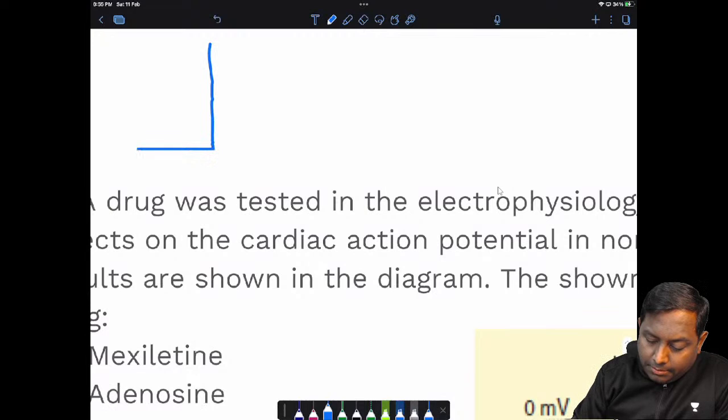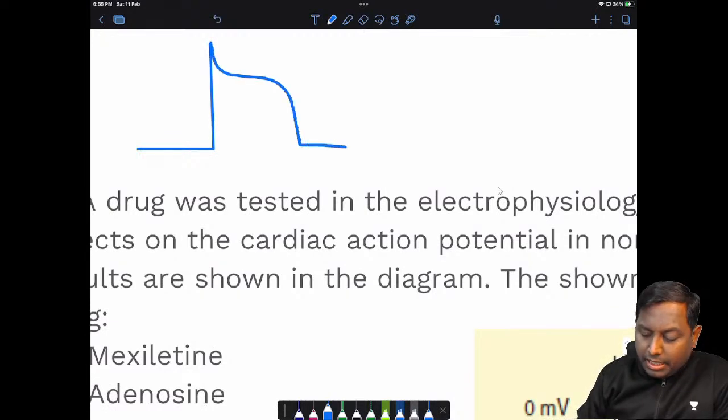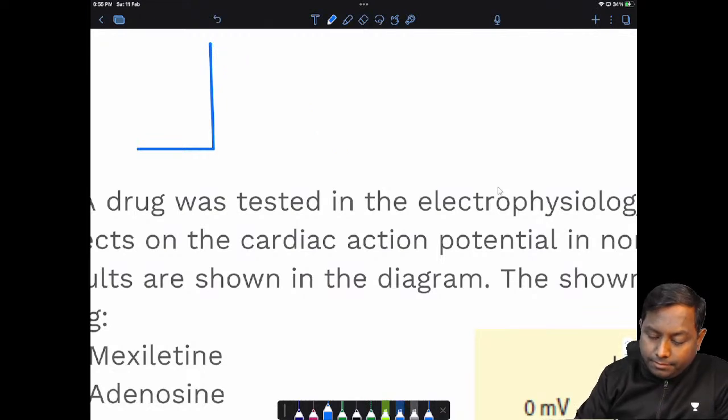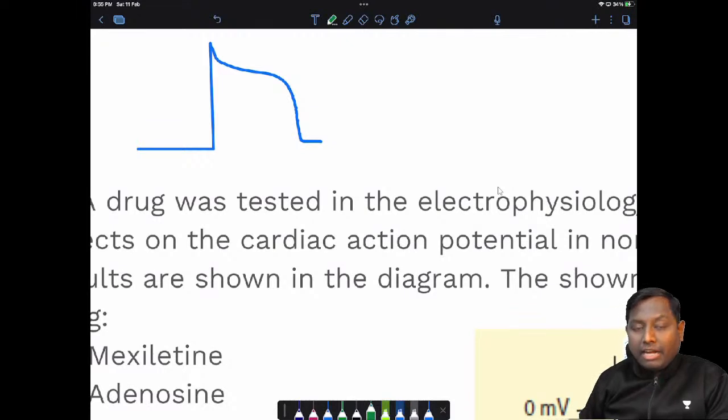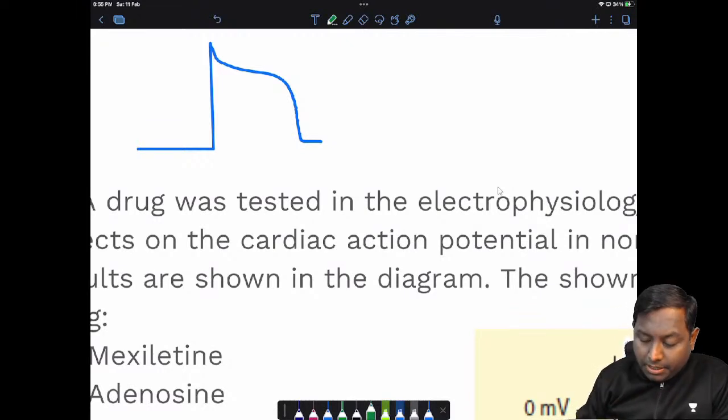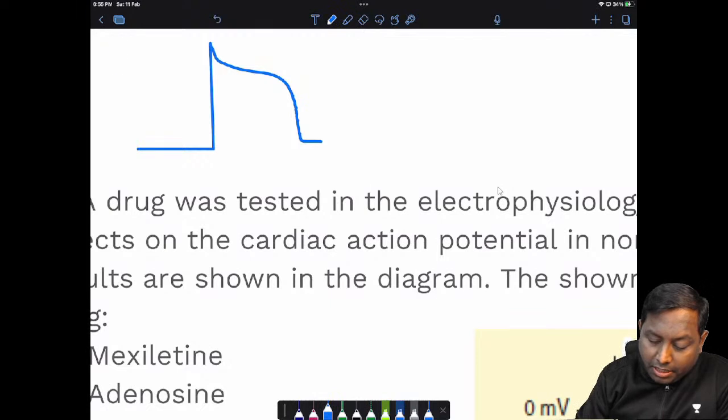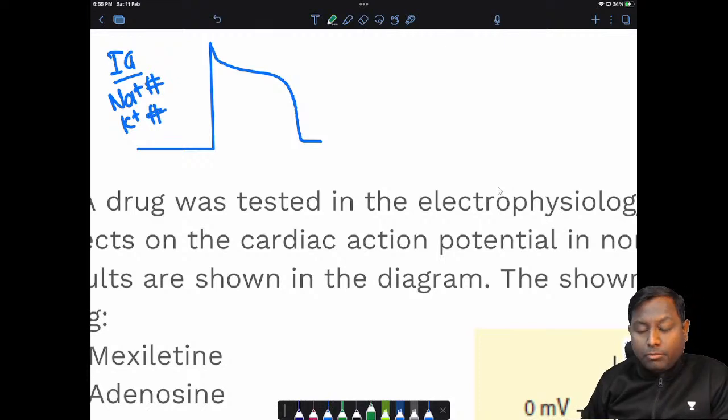All the class 1 antiarrhythmic drugs will have something like this, a normal action potential duration. Let us say this is the normal action potential duration, and when I give a class 1 antiarrhythmic drug, let's say class 1A, 1A will be a sodium blocker along with a potassium blocker. Because of the sodium blocker and potassium blocker, what will be the outcome?